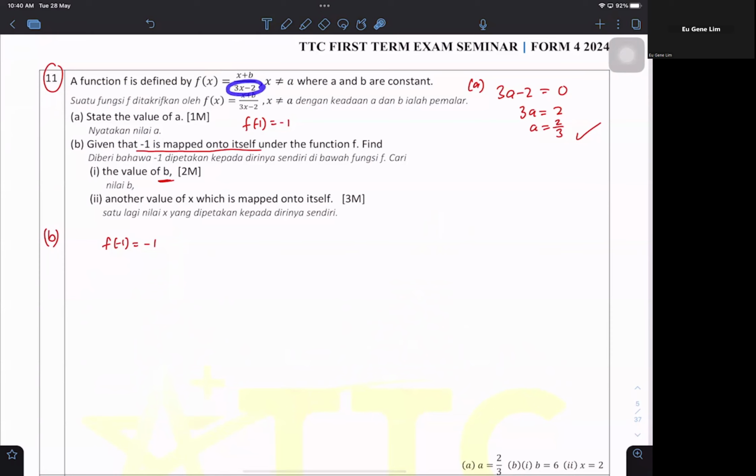The bottom part cannot be 0. If the bottom part is 0, it will be math error. That's why x cannot be a. Because if the x is a, the bottom part will be 0. So if the x is a, then the bottom part is 3a minus 2. It will be 0. Understand?